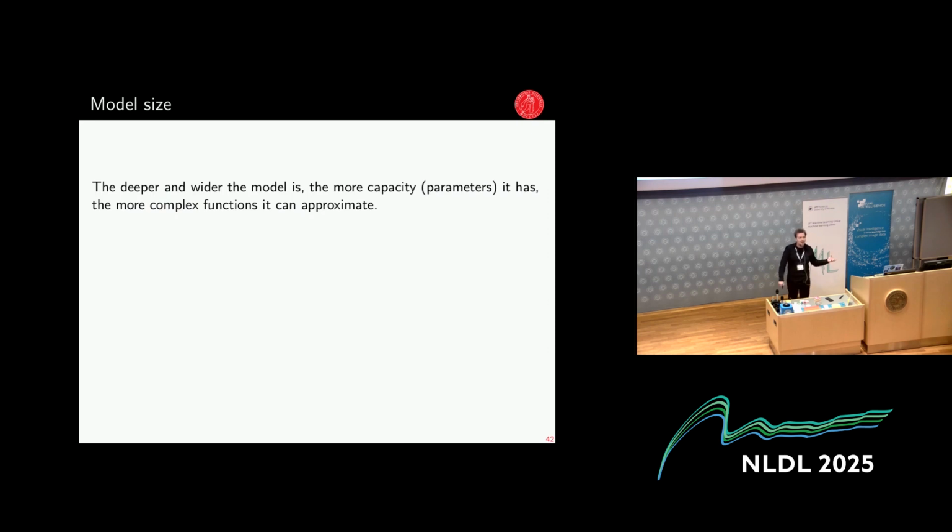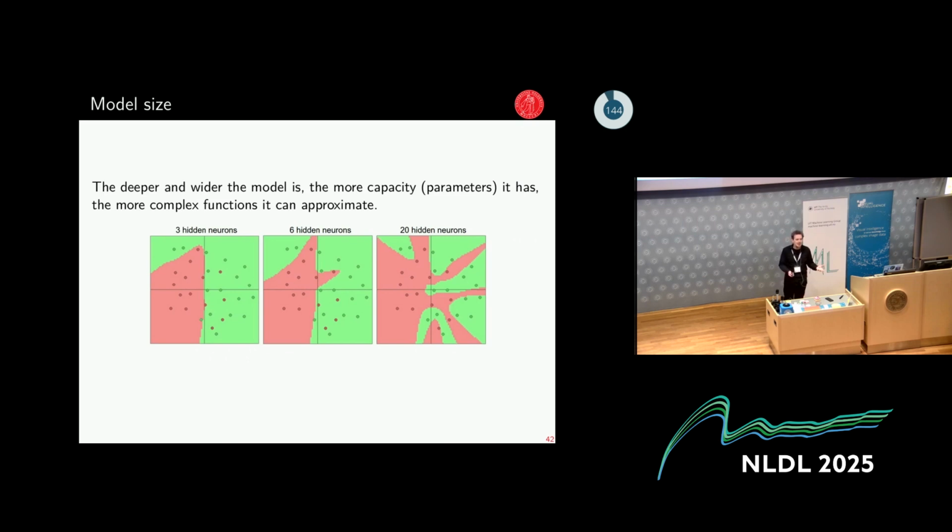Yep. So the deeper and the wider the model is, the more parameters it has, the more complex functions it can approximate, the more powerful it is. And yeah, it's very easy to visualize. Like in the plot to the left, we have a model which has only 3 hidden neurons, only 3 computational units, and the decision boundary that it can define looks like that.